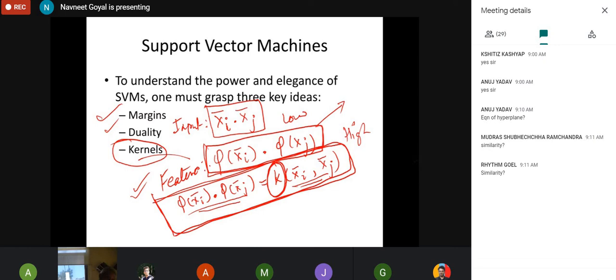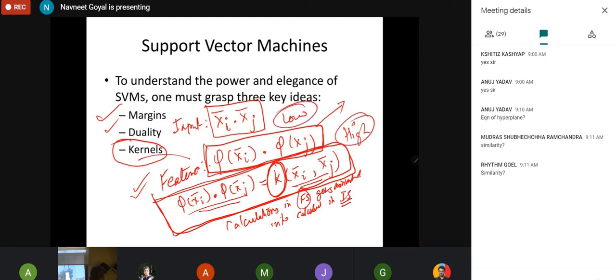So calculations in feature space get converted into calculations in input space. Input space, as I said, is a low dimensional space and feature space is high dimensional.